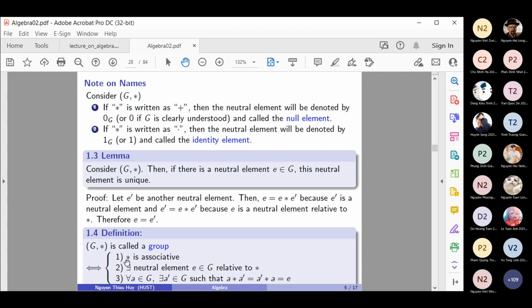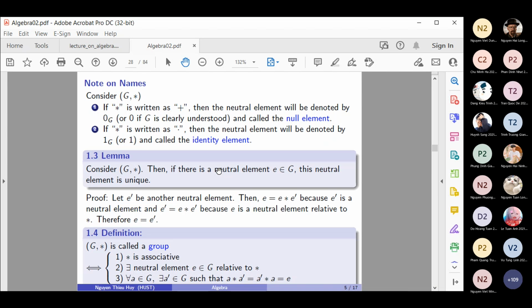The first thing is that star is associative, and second, there exists a neutral element E in G related to star, and we know that this should be unique, because if it exists, the neutral element will be unique.